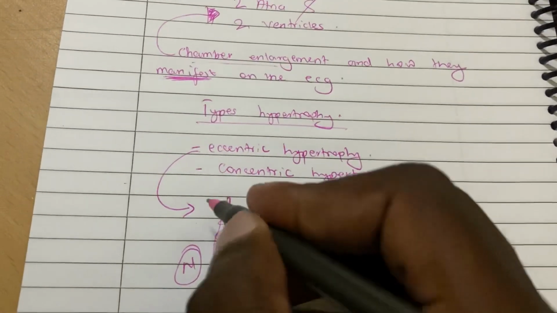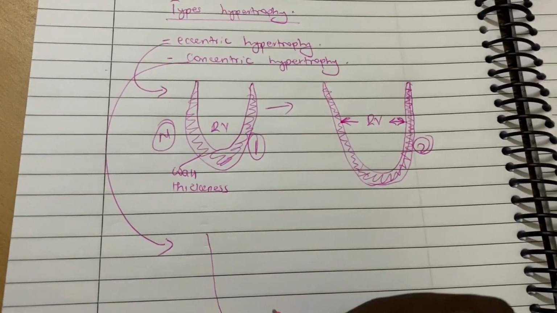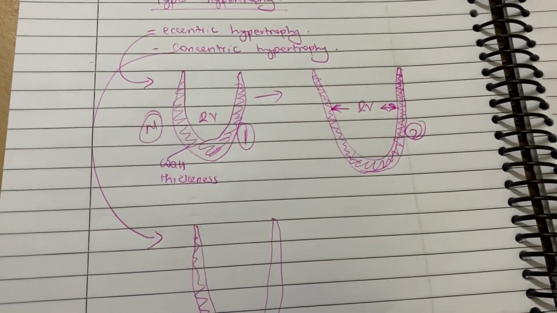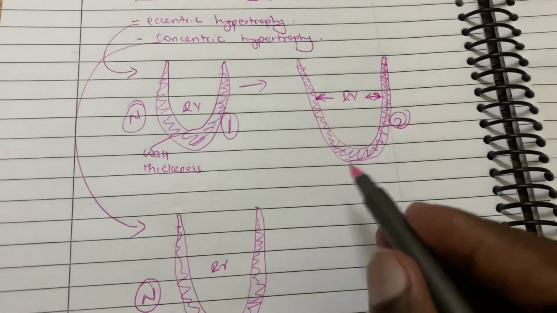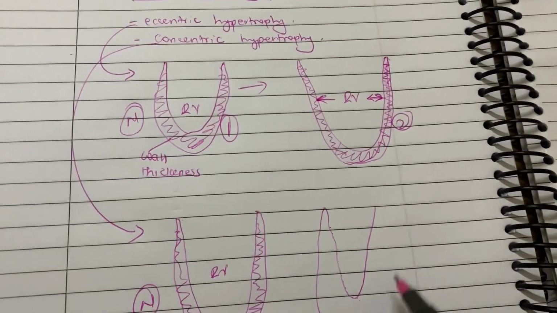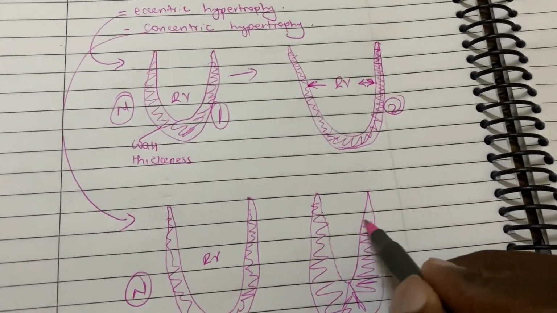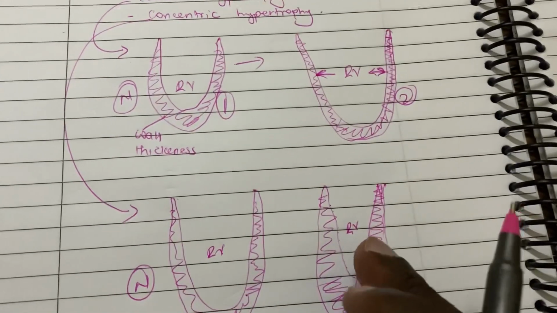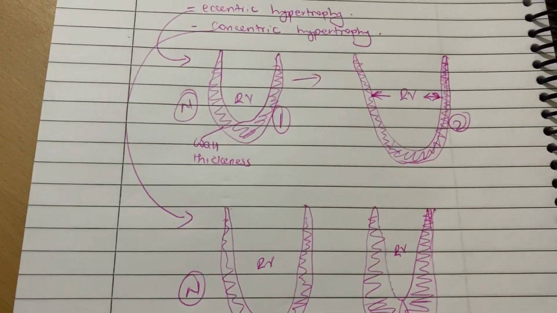But in concentric, if this is the chamber and this is the normal RV, the cavity size is going to reduce.